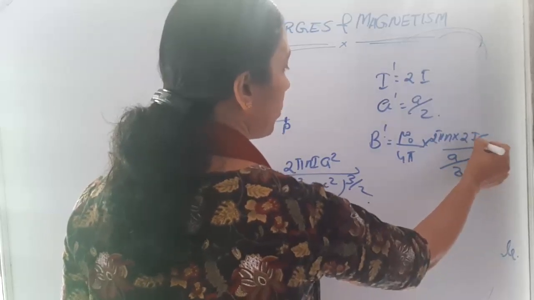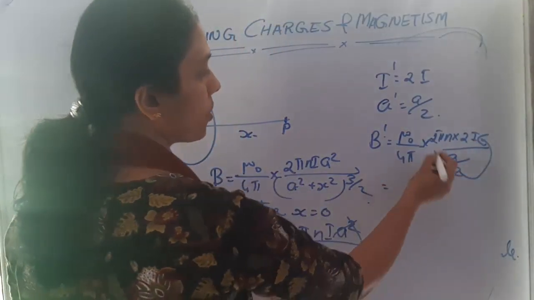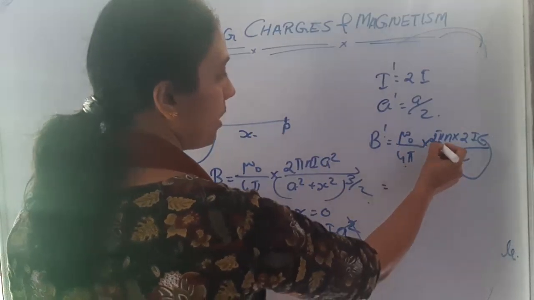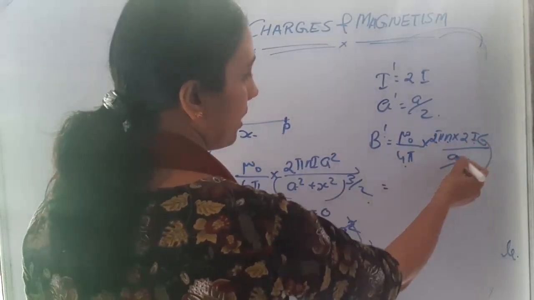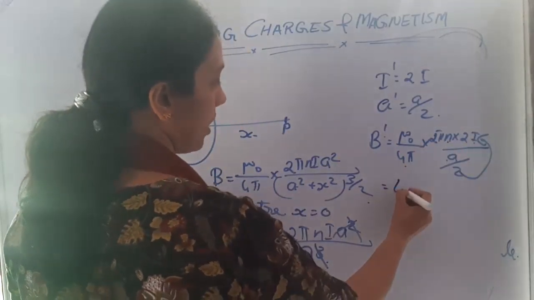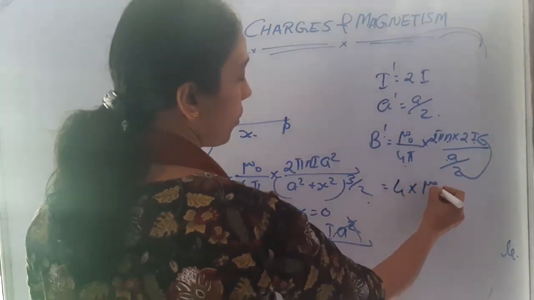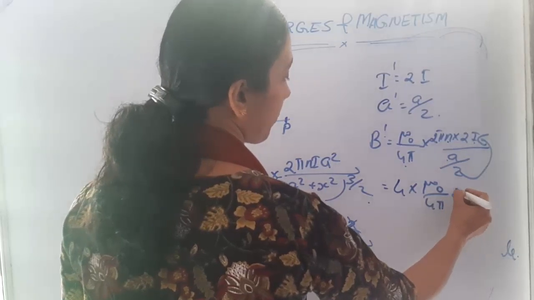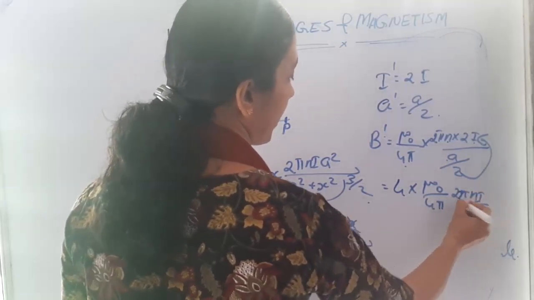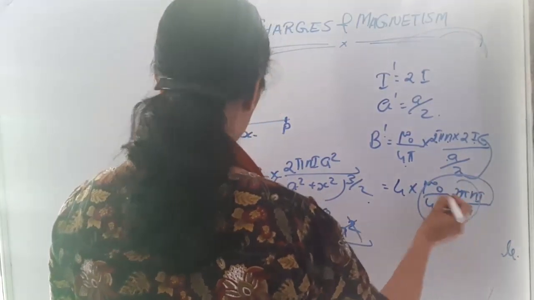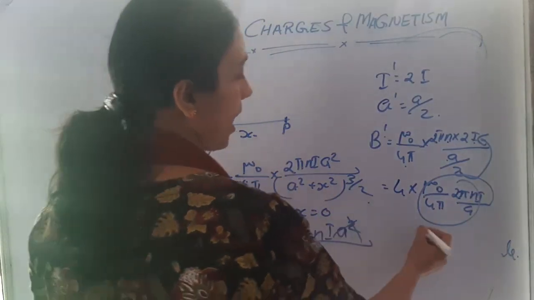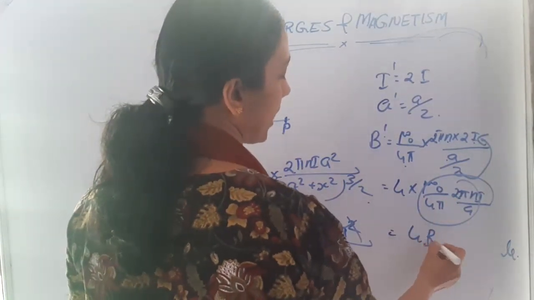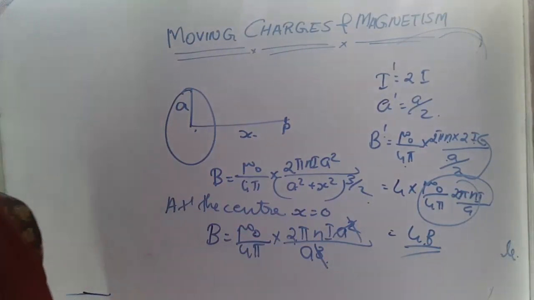So 2 will go in the numerator: mu 0 by 4 pi 2 pi Ni divided by a into 4. So we get 4 into mu 0 by 4 pi 2 pi Ni by a. What is this value? This is B at the center. So it is 4 times the magnetic field. Like this you should find out.